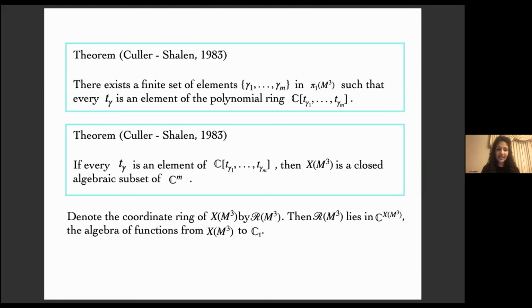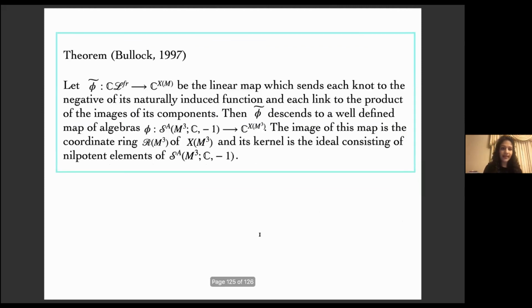And now we are ready to state the theorem by Doug Bullock from 1997.